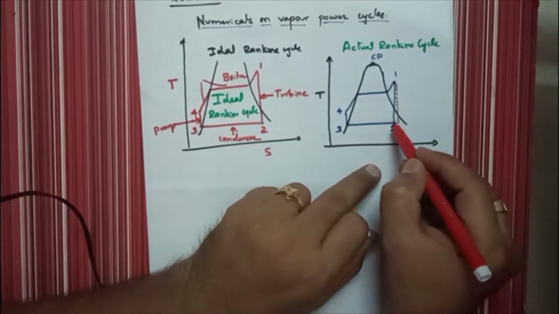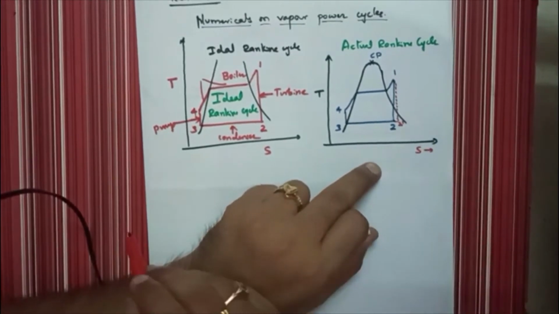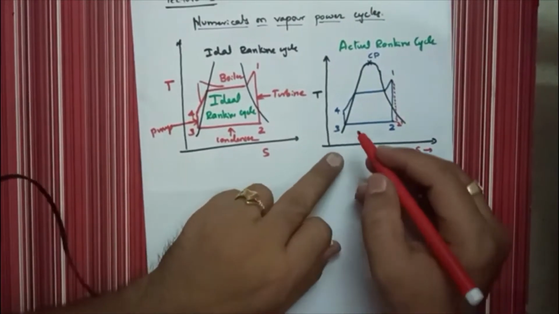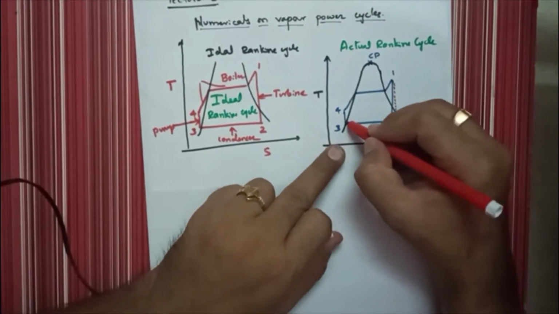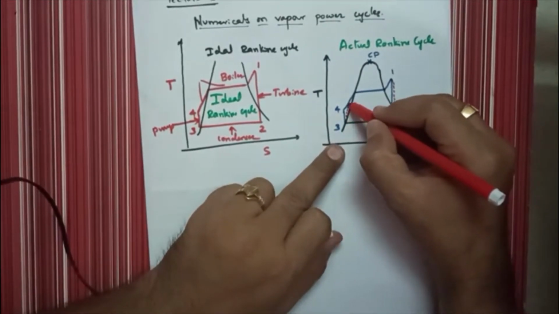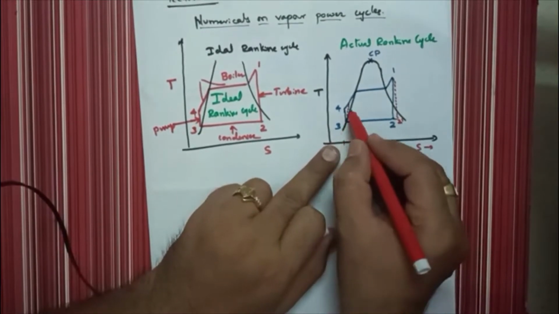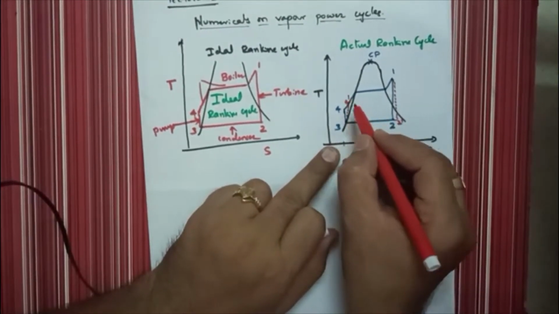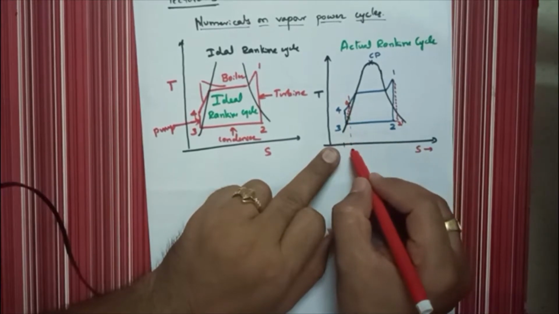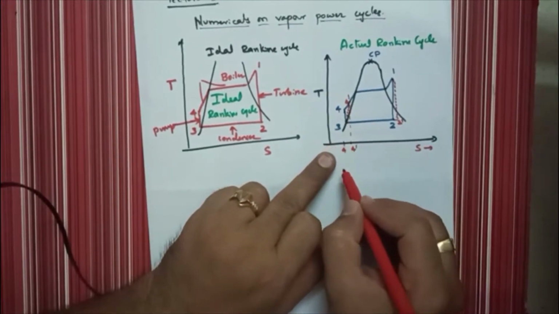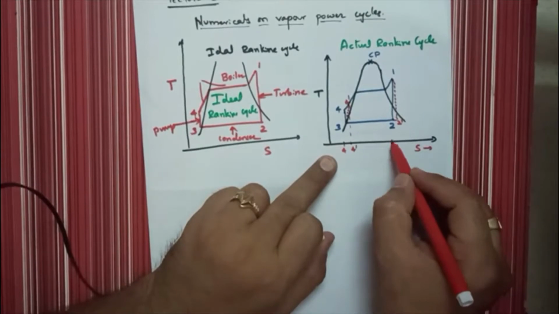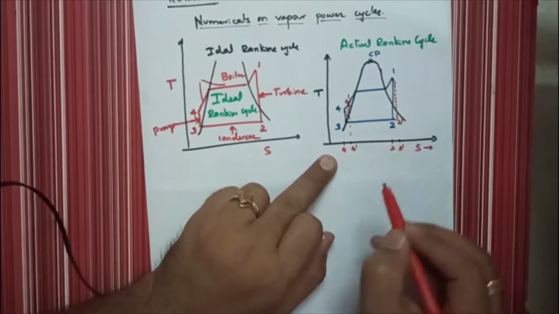So 2 is the initial, that is the ideal case. 2 dash is the actual cycle. Here in the pump also, due to friction there is a slight increase in the entropy. See here, this is point number 4 and this is 4 dash. This is 4 dash entropy, this is 4 entropy, and here it is 2 and here it is 2 dash entropy.